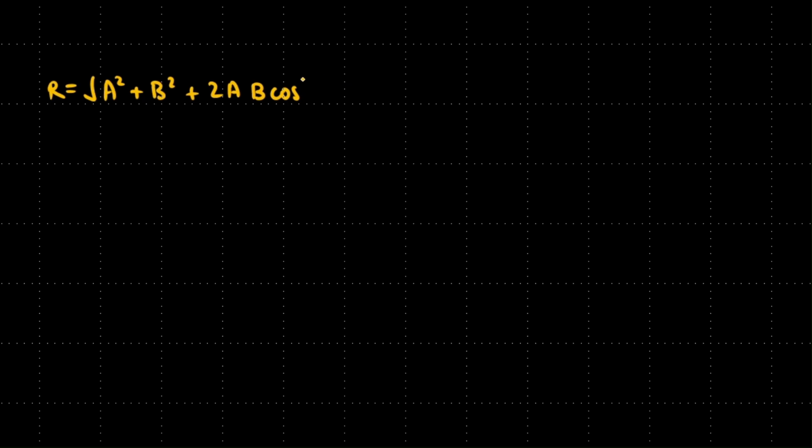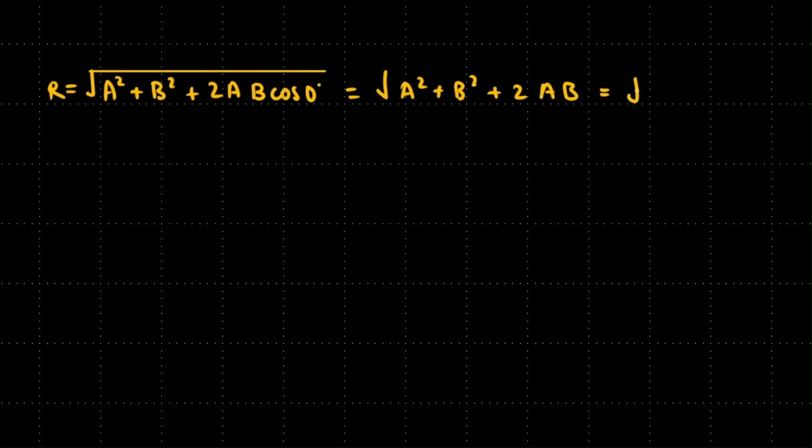Cos 0 degrees is 1, which means this will be a squared plus b squared plus 2ab, and this is just a plus b whole squared.